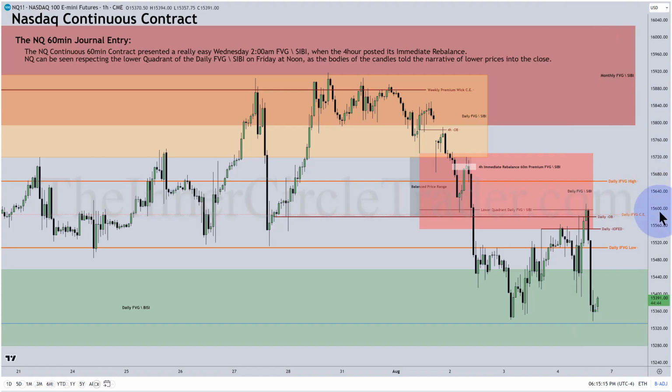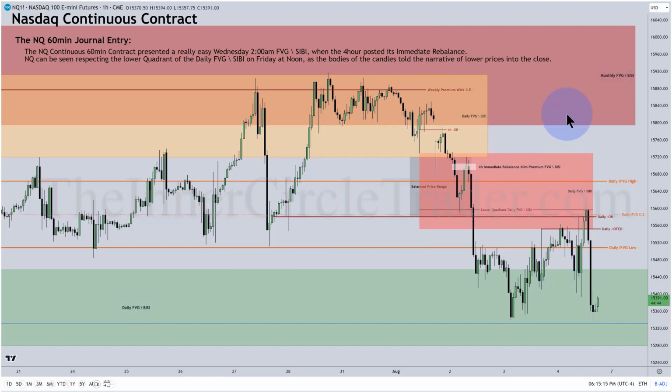If we were to scrub down and condense this chart vertically, it would be up here higher, and the low of the breaker would be lower than this. So for the purpose of showing the 1-hour chart time frame, the respective PD arrays and what was salient for this time frame, I've zoomed in just to show you this, but you can see this is that daily fair value gap buy side imbalance, sell side inefficiency, and the monthly fair value gap SIBI.